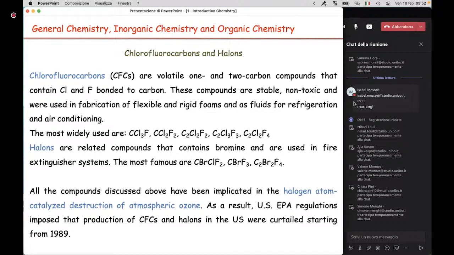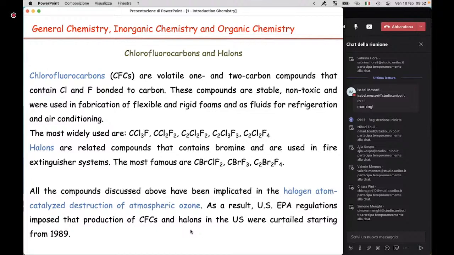Okay, so those CFCs have been banned in I think all the world because they can be very dangerous and polluting regarding the ozone layer in the atmosphere. But I will speak more about them in the following.